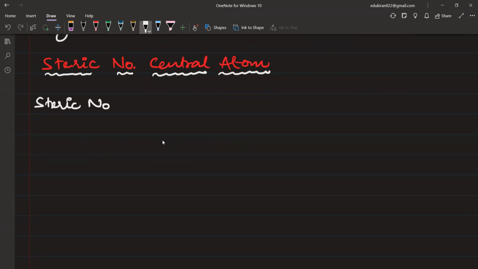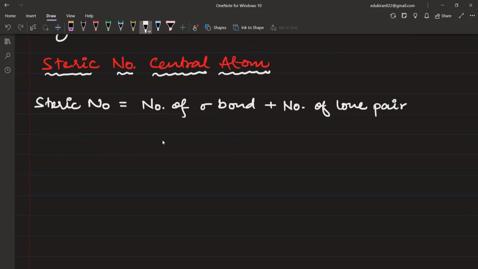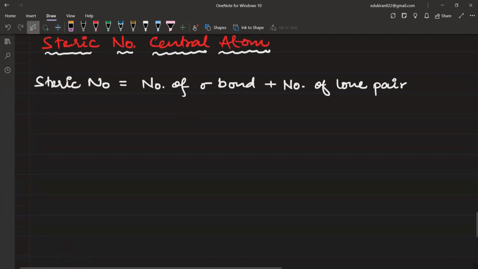Steric number is equal to number of sigma bonds plus number of lone pairs.